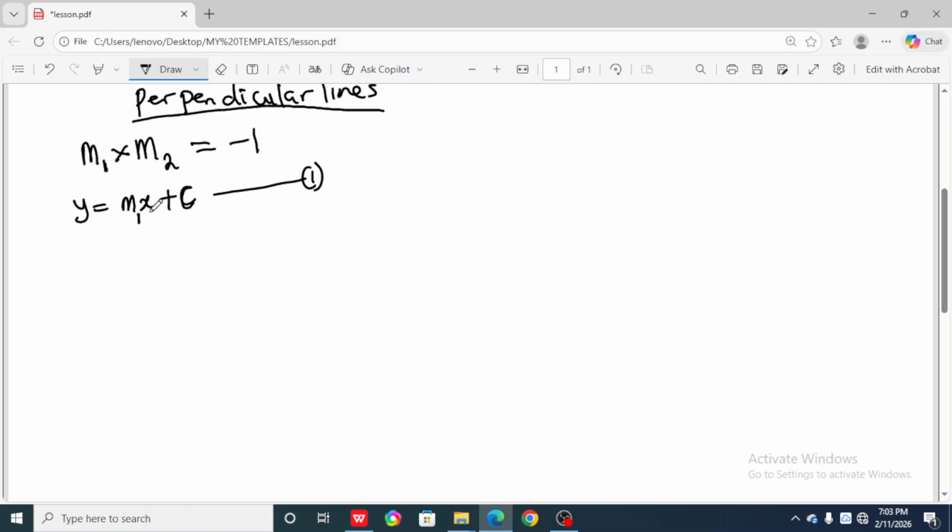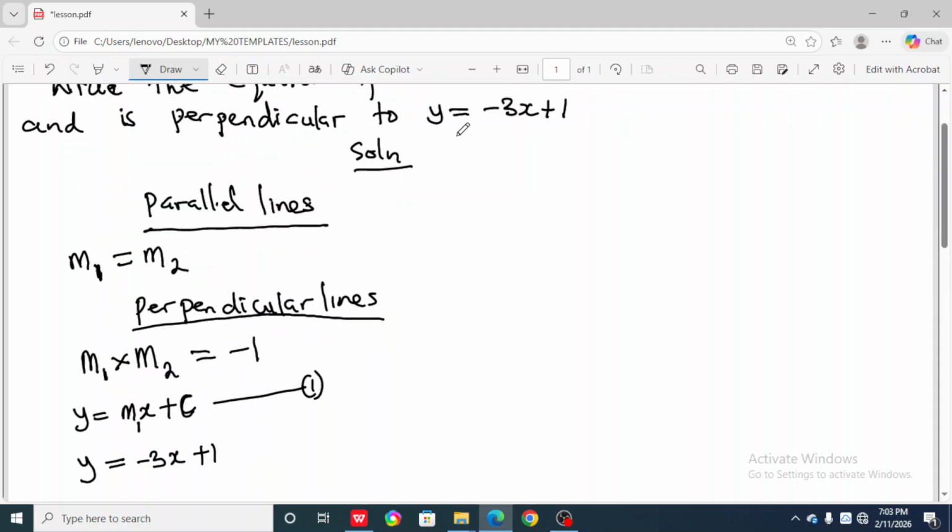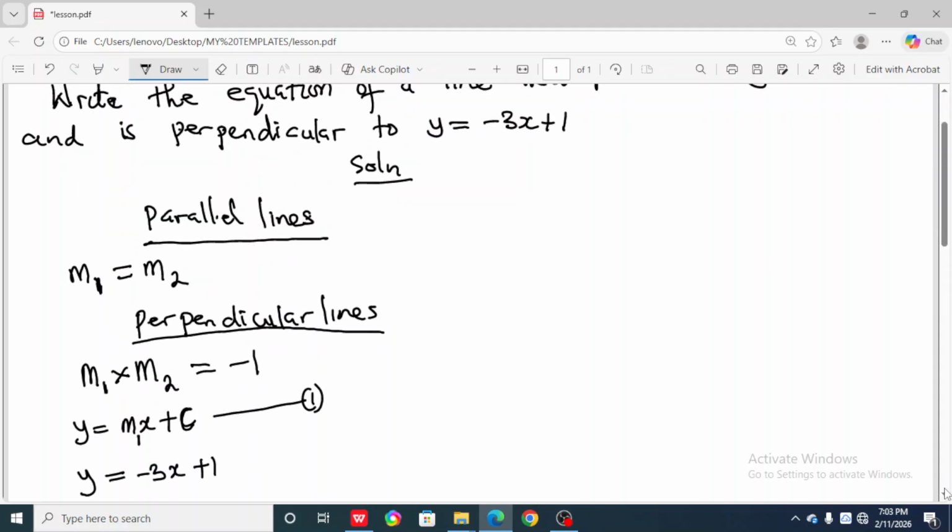So now let's first of all look for m1. How do we look for m1? Let's look at the equation of the second line, which is y equals minus 3x plus 1, as we have it in the question.